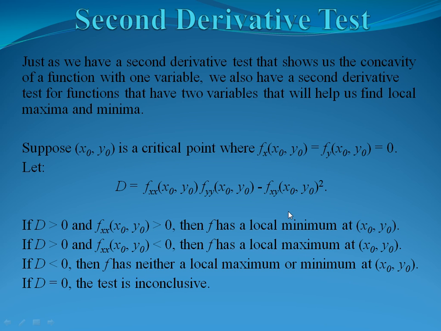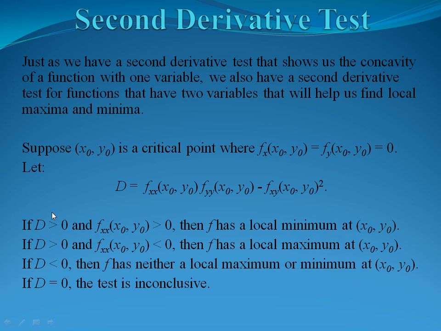Once we have a value for D, which will just be a number, we have several cases. D could be positive, D could be negative, or D could be 0. If D is 0, the test is inconclusive and we can't figure it out with the methods that we have. If D is less than 0, then f has neither a local max nor a local min. So those are the two cases where we can't get too much information.